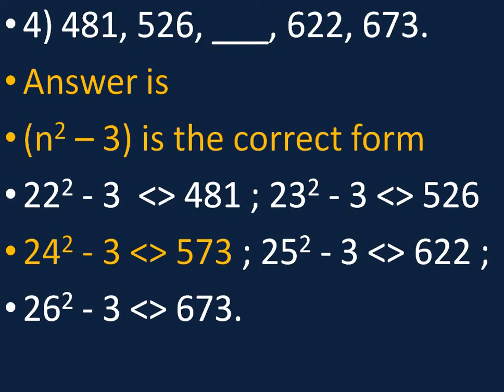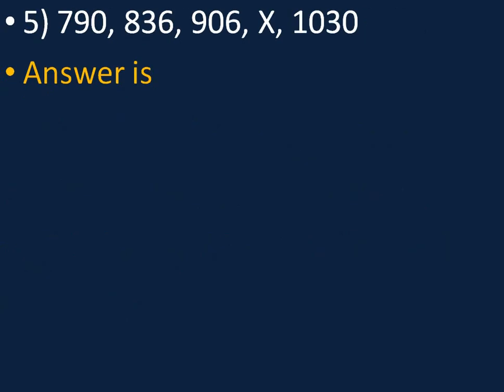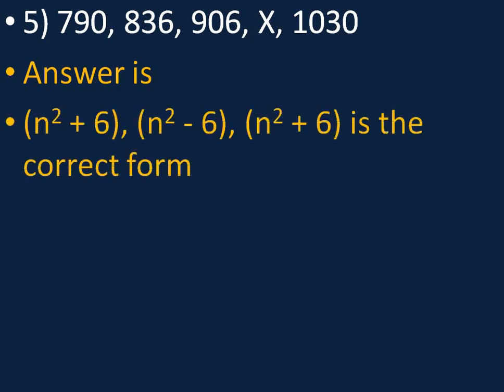And here we are at the final question of the session. The question is 790, 836, 906 and the x we have to find, and after it is followed by 1030. So first of all, before finding the pattern, gather what kind of numbers you are dealing with, which are near to squares or cubes.